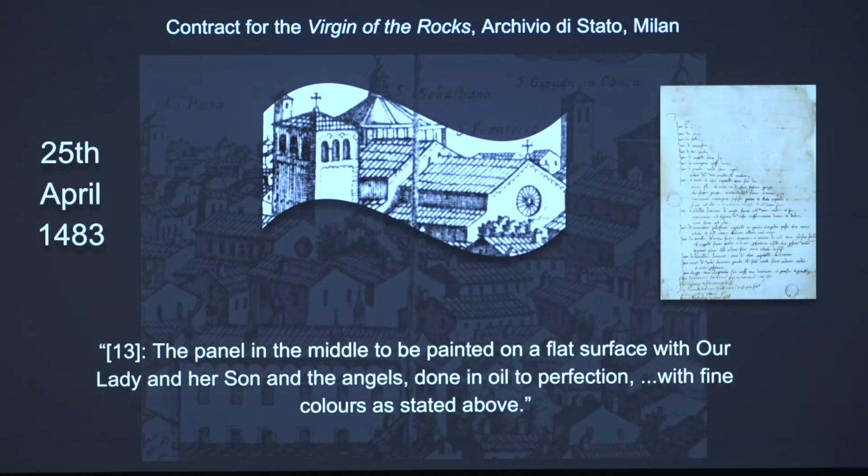And in this contract, which is quite long and involves many artists, talking about community, also artistic community, on the 13th item, we can finally find the Virgin of the Rocks. The panel in the middle, we'll understand in the middle of what in a moment, to be painted on a flat surface with Our Lady and her Son, and the angels, done in oil to perfection, with fine colors as stated above.